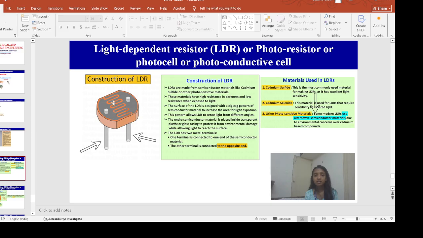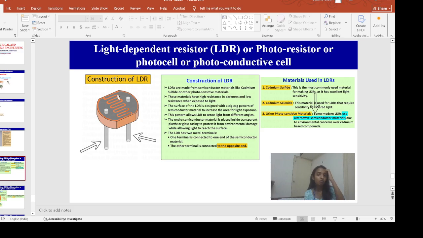We can see that the surface of this semiconductor material, or the surface of this LDR, is designed with a zigzag pattern to increase the area of the light exposure. Also, this pattern will allow the LDR to sense light from different angles. The entire semiconductor material is placed inside a transparent plastic or a glass casing so that it will be protected from environmental damage.